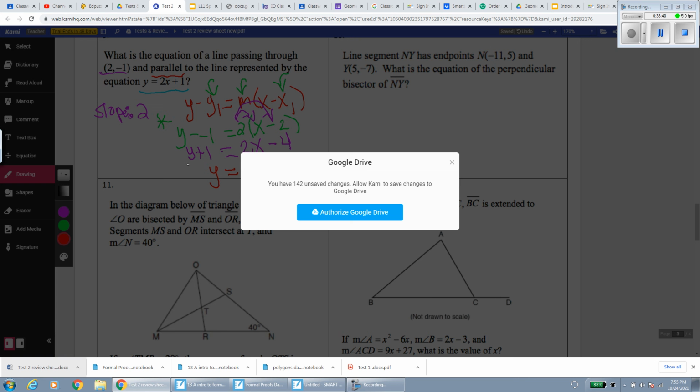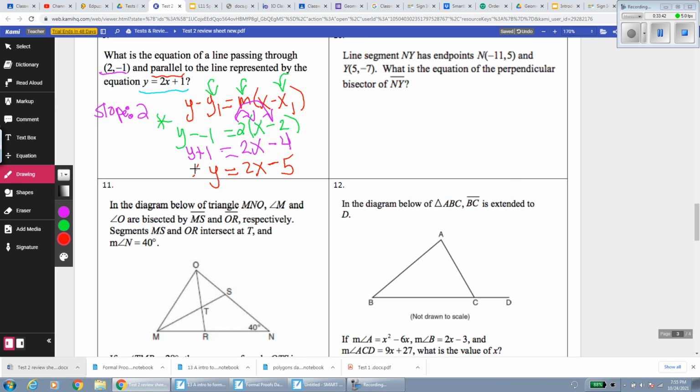So either equation works, that's starred. They're both equivalent. The top one in green is just in point slope form, and the bottom one in red is in slope intercept form, or y equals mx plus b form. Either one of them would get you full credit if the question doesn't specify how to leave your answer.